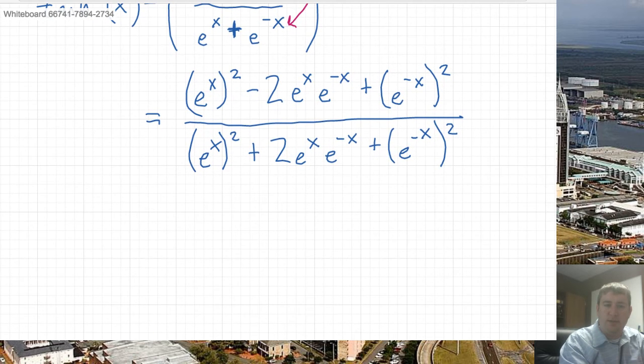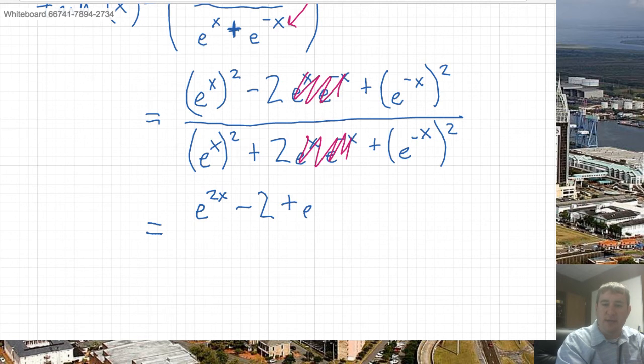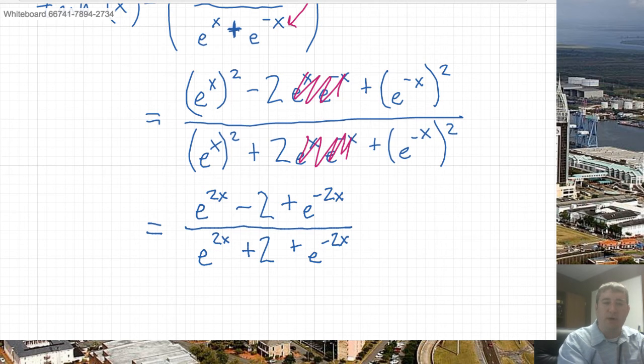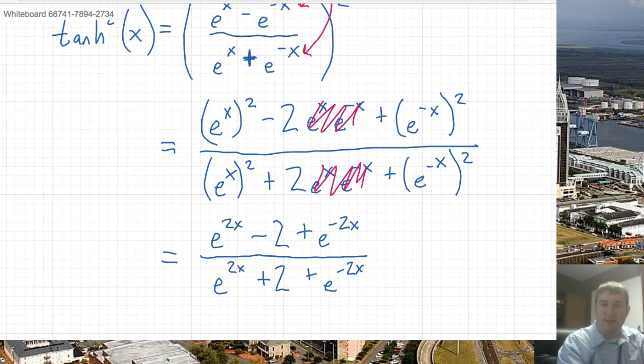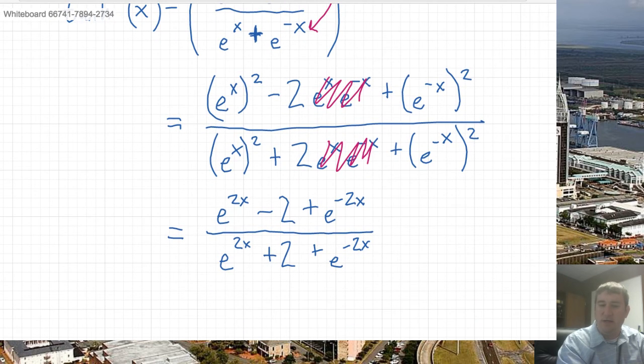Now, I want to simplify this. Well, e to the x times e to the negative x, that's just e to the x divided by itself. So I'll scratch those out on both the top and the bottom. And then maybe simplify. I've got e to the 2x minus 2 plus e to the negative 2x on the top. And I get exactly the same thing on the bottom, e to the 2x, except I have a plus 2 plus e to the negative 2x. Now it's possible I could manipulate that some more, but I think I've expanded it out enough.